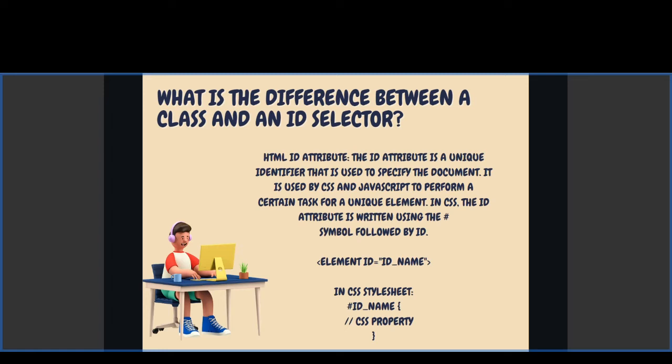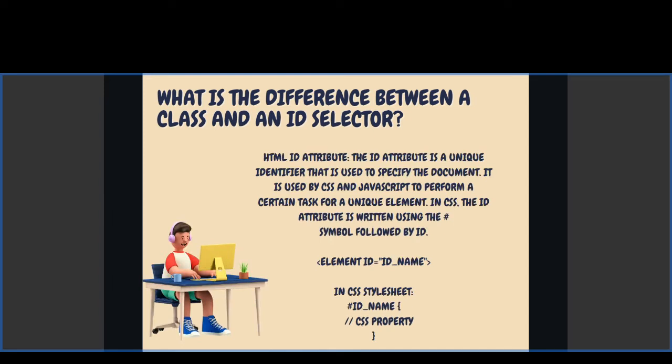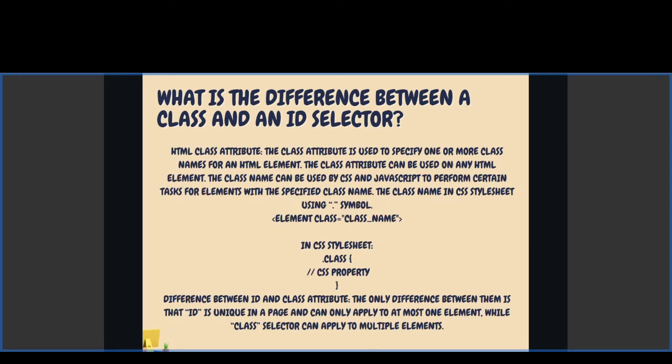Within the HTML element we provide an attribute called ID, and in CSS we select it using a hash, then the ID name. So ID is hash and class is dot, and then we can write our CSS. This is an important beginner thing.